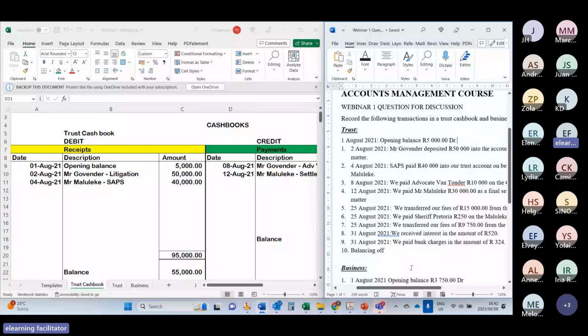In this case, we are just illustrating how to record in a trust cash book. But you would find a transfer is made up of more like 4 legs of debits and credits. We have to post in our cash books, and we also have to originate from our business account. Why?